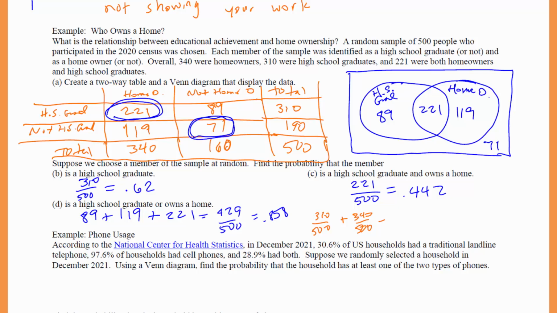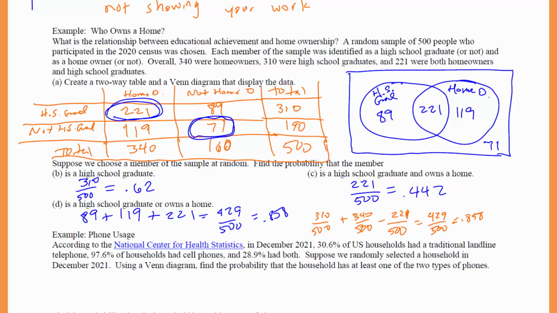So the 221 is already counted in both the 310 and the 340. So we subtract it out once, 221 out of 500, so that we're not double counting it. If you do that, you're going to get 429 out of 500, which is 0.858.